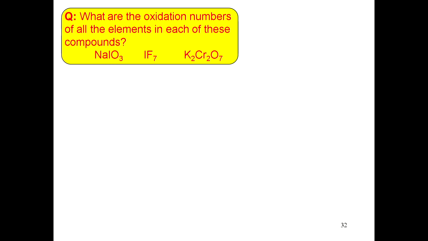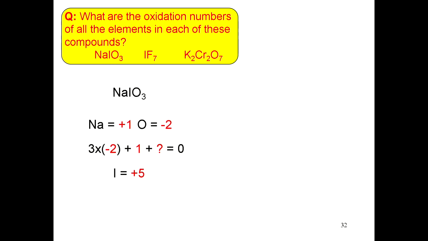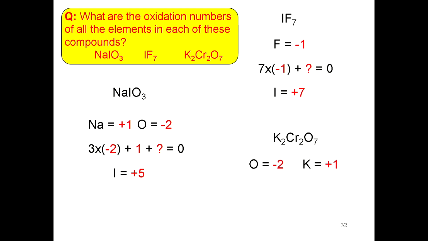Yeah, so the process is like this. Basically, the first one, we bring out the sodium and oxygen, and then we solve for this guy, right? In this case, we know chlorine is minus 1, and oxygen is basically always minus 2, and this guy plus 1. Finally, we get this.